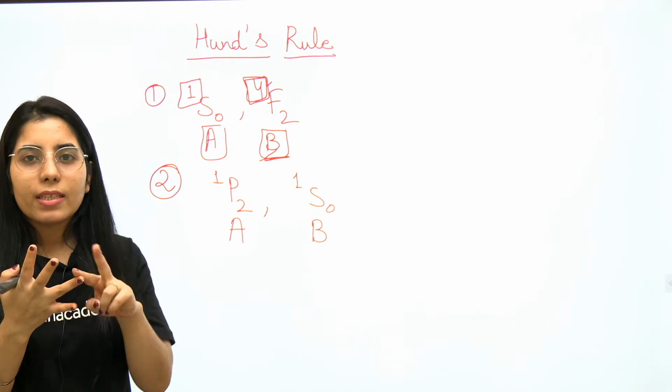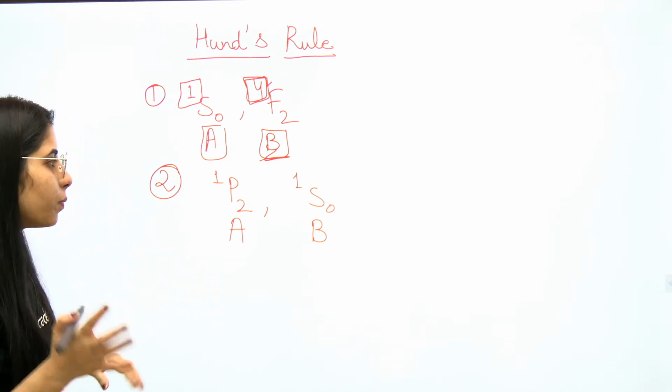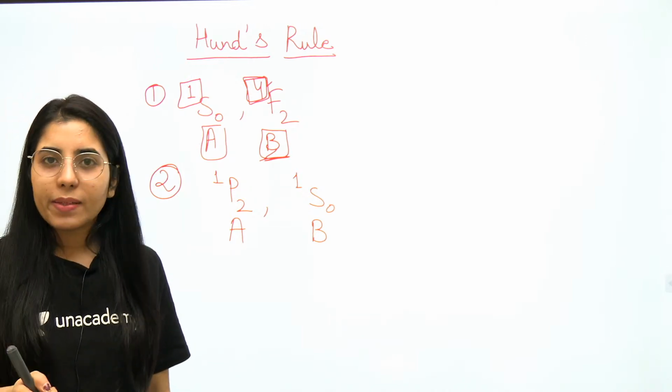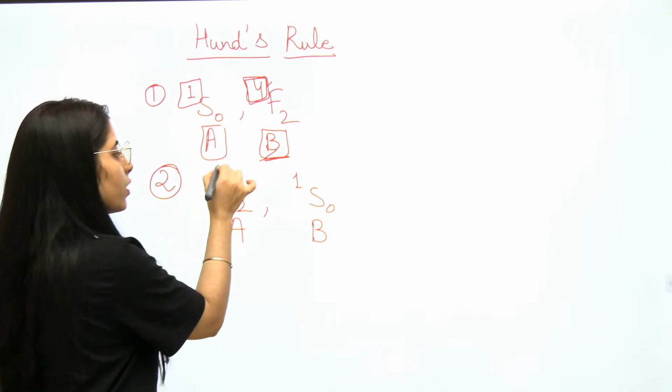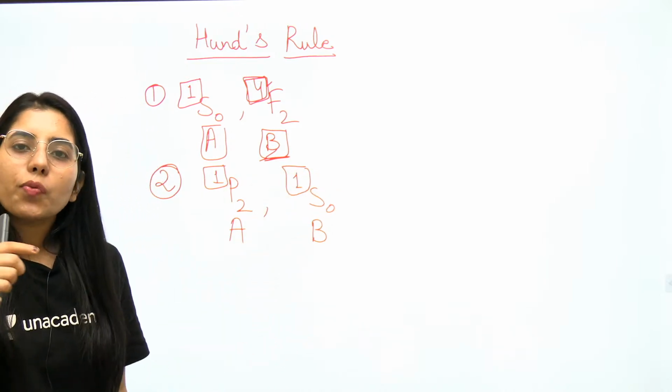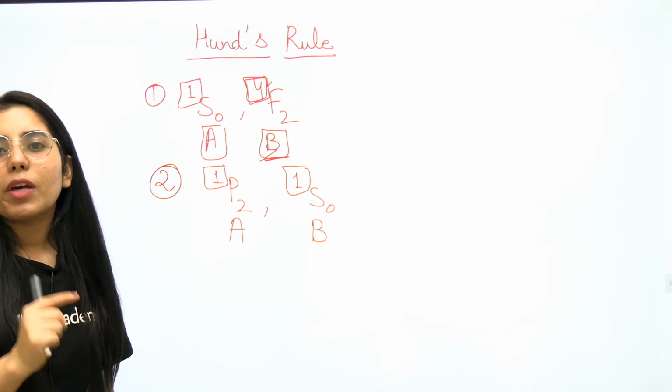Since you can't compare with the multiplicity right now, as it is 1 here, it is also 1 here, we will observe the L values then.